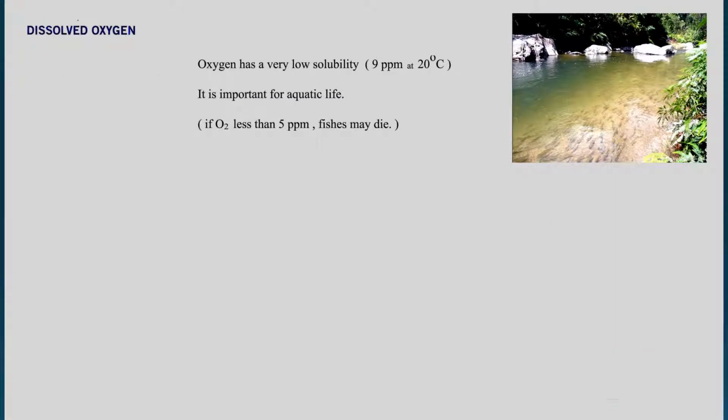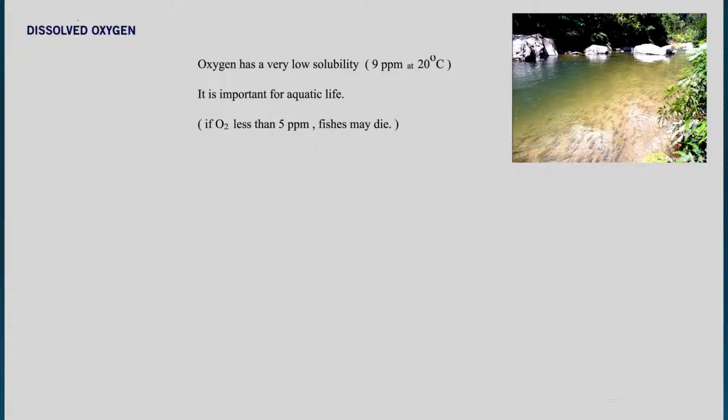Dissolved oxygen. The oxygen that dissolves in water is always very low. Oxygen has a very low solubility in water, only 9 ppm at 20 degrees. 9 ppm means 9 mg per liter, very low.